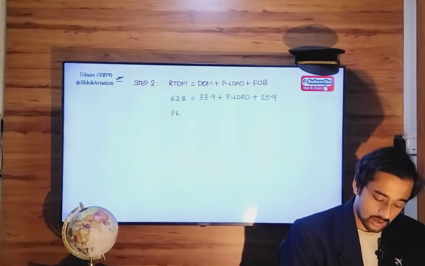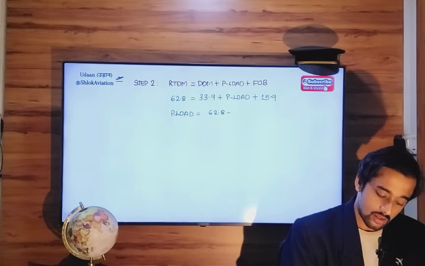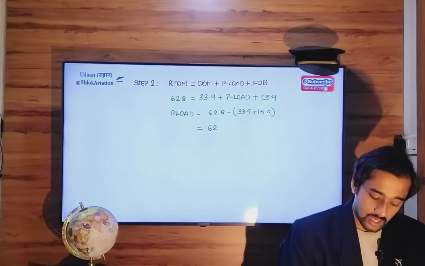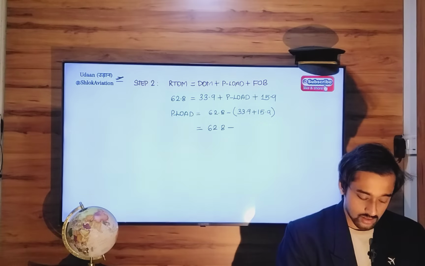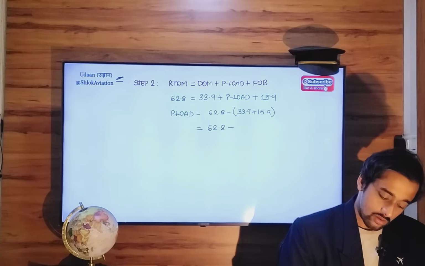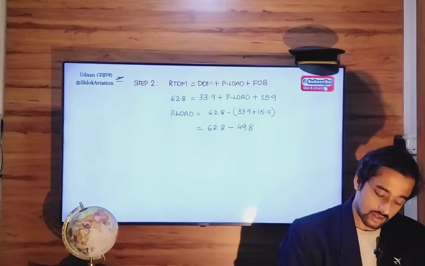Therefore, payload equals 62.8 minus 33.9 plus 15.9. 33.9 plus 15.9 is 49.8.